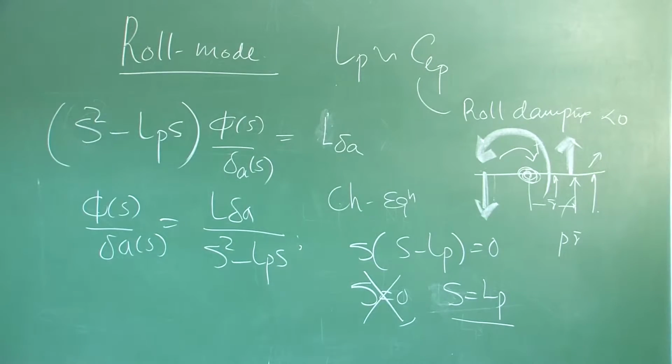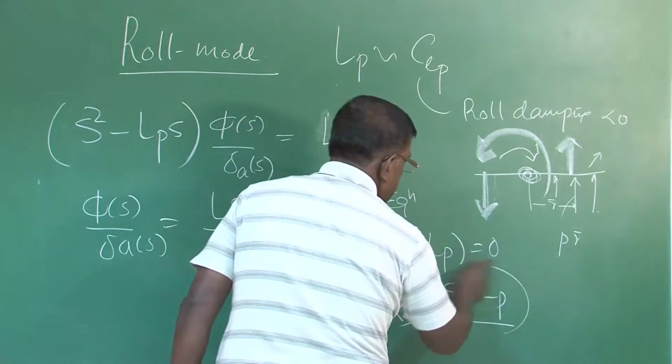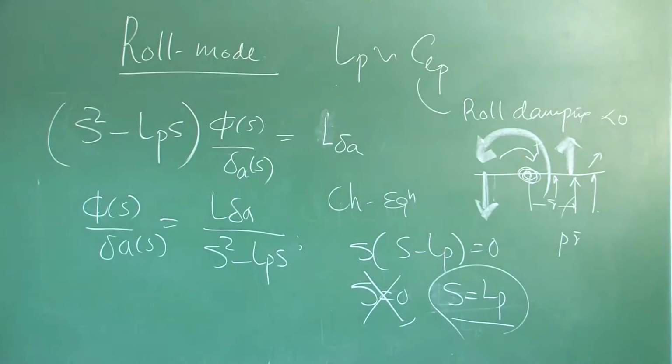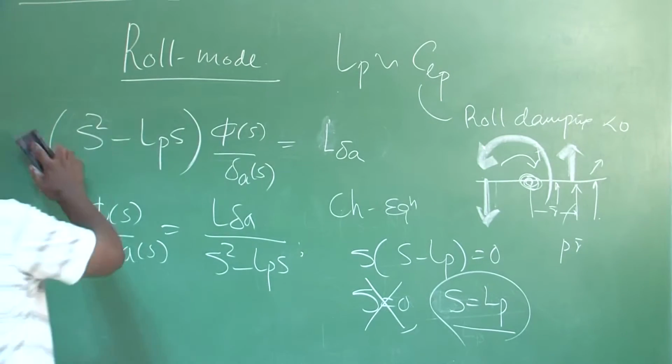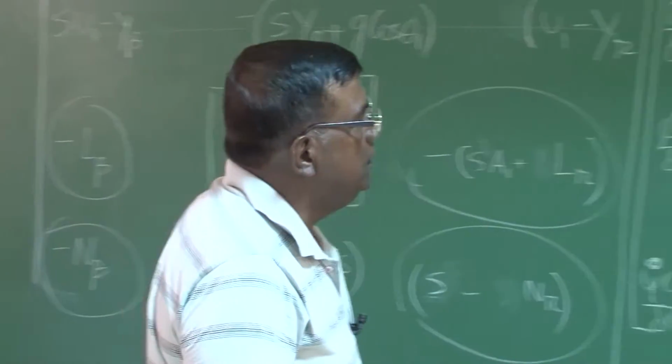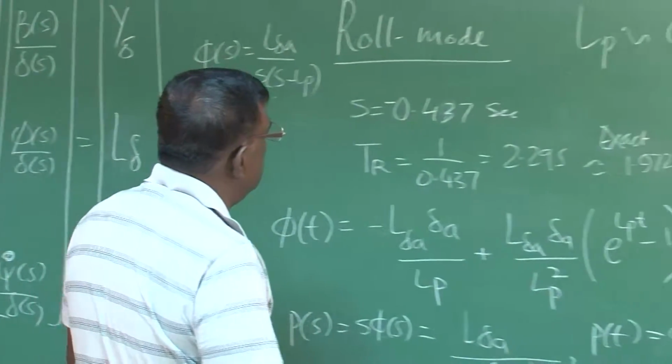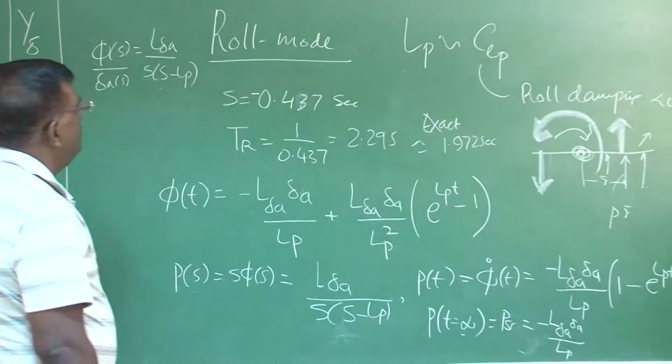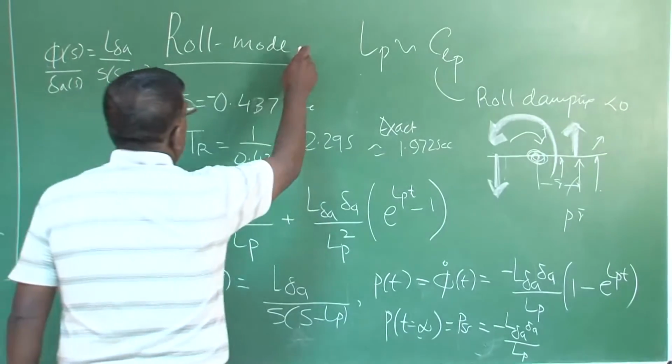So this is the important root I have got. As long as this is negative, it is convergent. And now I need to solve this to find out the time history of phi. How do I do that? Let us do some numerical search on this expression with the roll mode approximation.